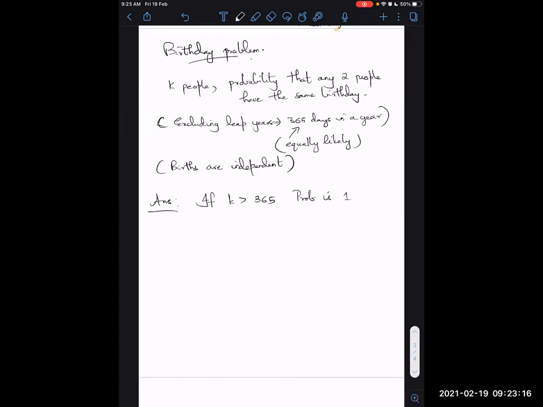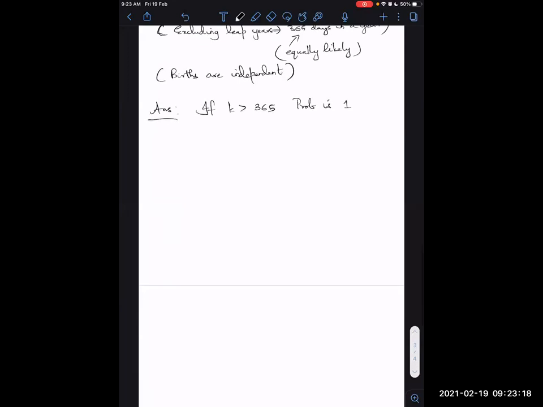Why is it 1? Because in the worst case, each of the 365 people might have a different birthday. Let's consider these as boxes: 1, 2, 3, up to 365. Now k is greater than 365, and in the worst case, everyone has a different birthday in the year.